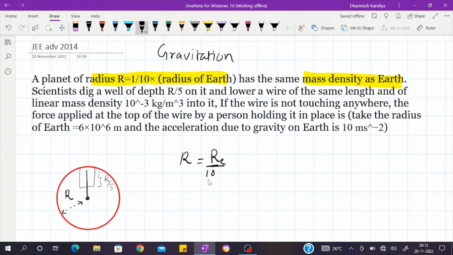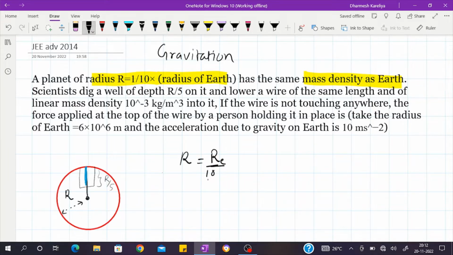And lower a wire of the same length. They lower a wire, so let's draw a wire in the diagram. Let's say this is a wire of length r by 5. So there is a wire which is dropped in the well.